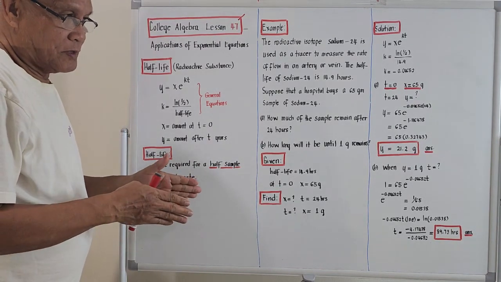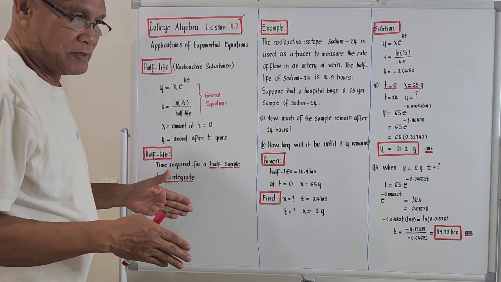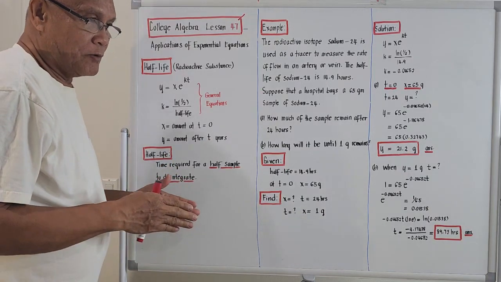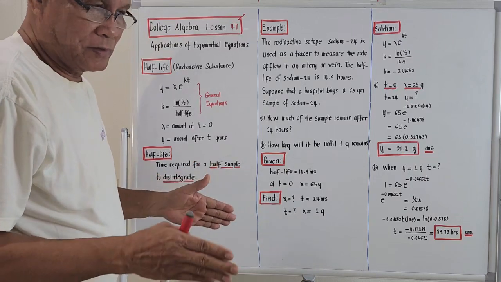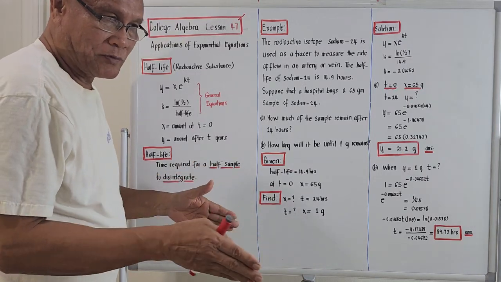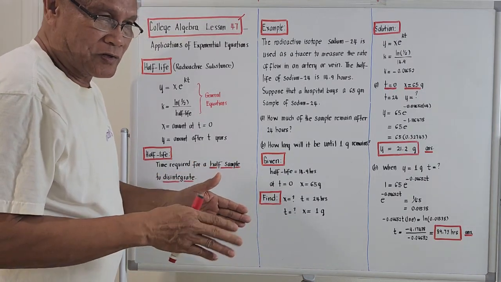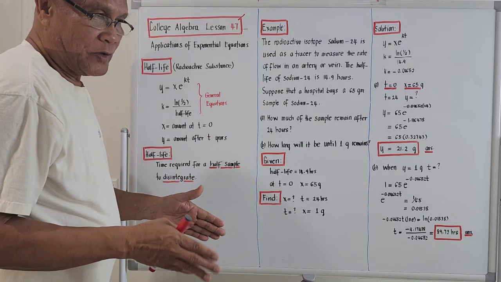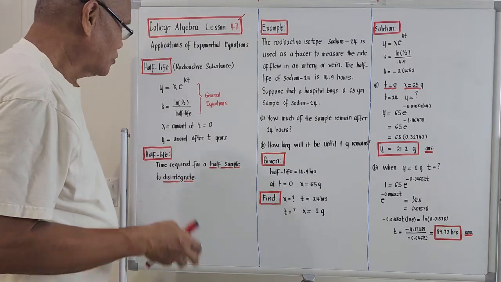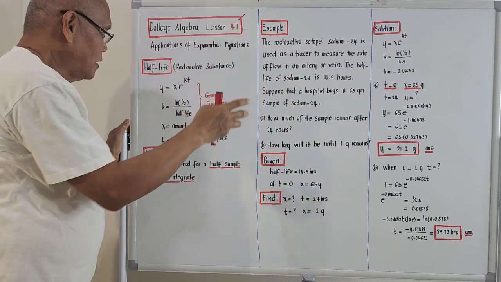The half-life is many years. Actually, we might already be out of this world, but the half-life of radioactive substances will still exist. That's why it's very dangerous.